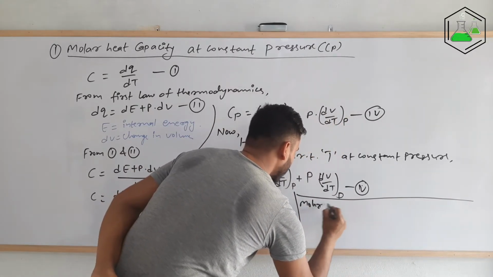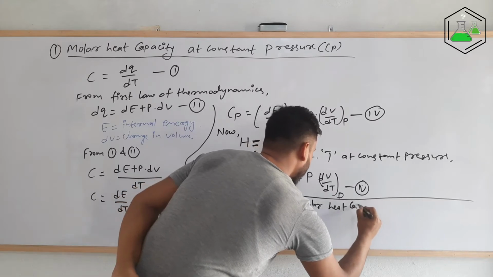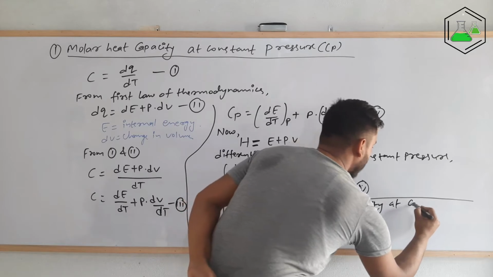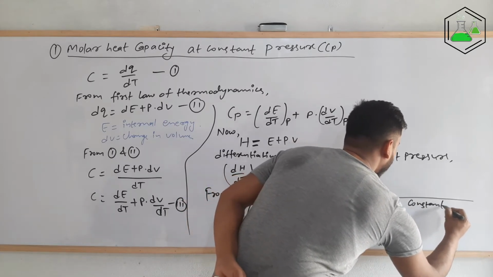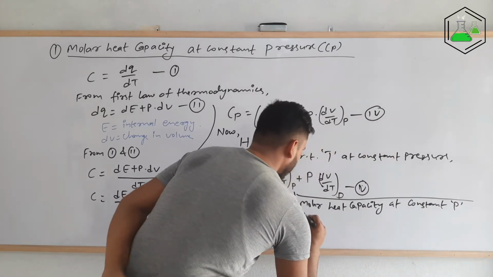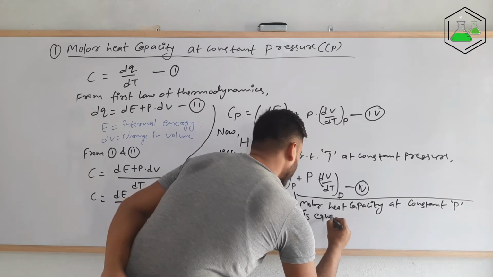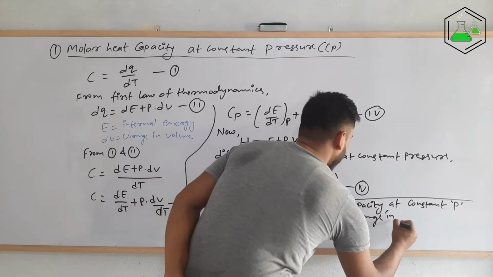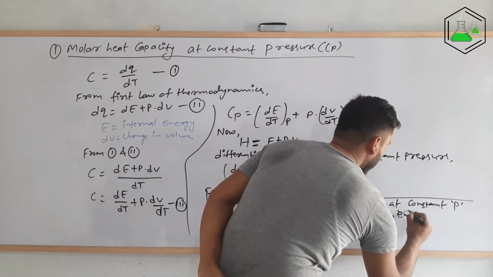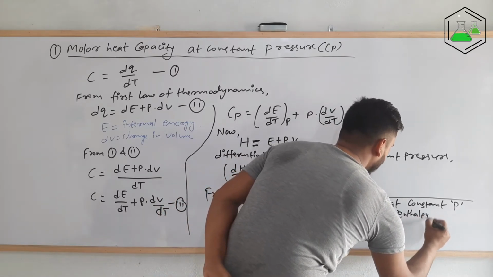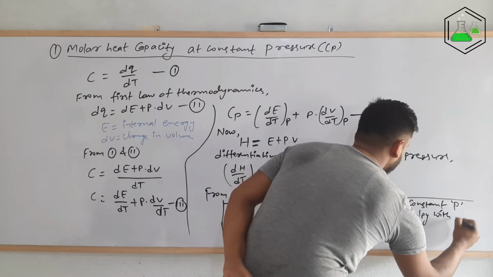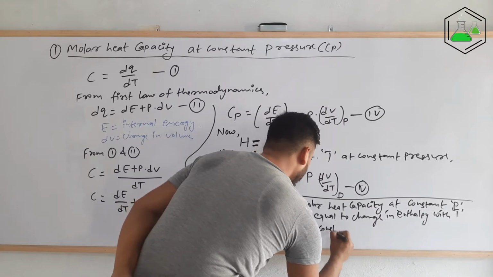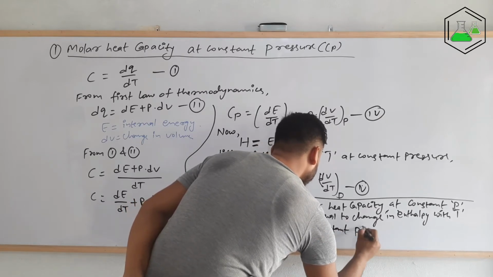Molar heat capacity at constant pressure is equal to change in enthalpy with temperature at constant pressure.